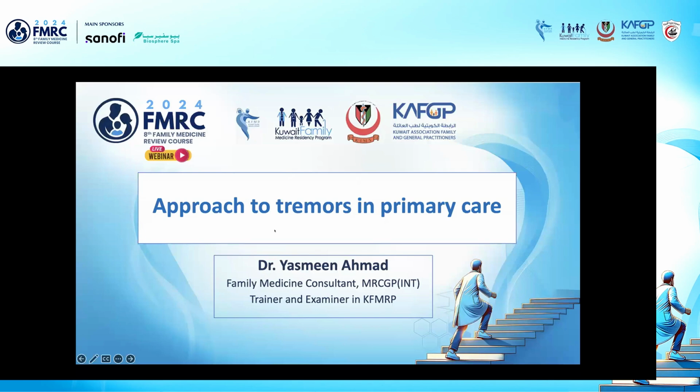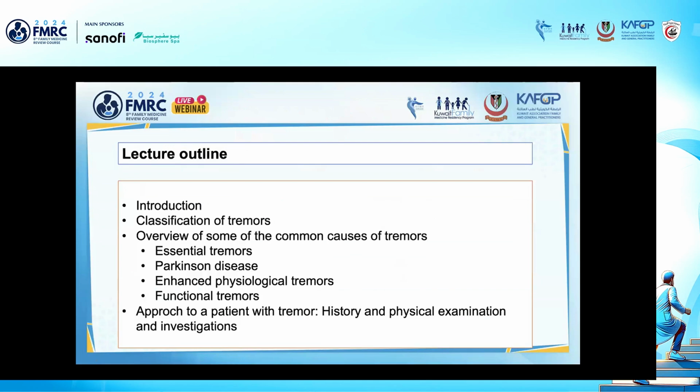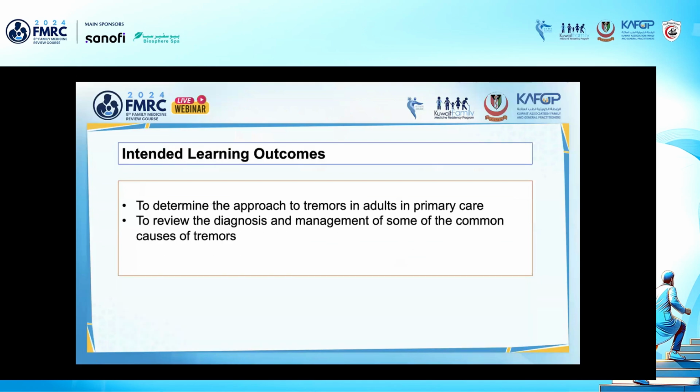So my topic is about approach to tremors in primary care. The intended learning outcomes for today's lecture are to determine the approach to tremors in adults in primary care and to review the diagnosis and management of some of the common causes of tremors that you might encounter in your practice.